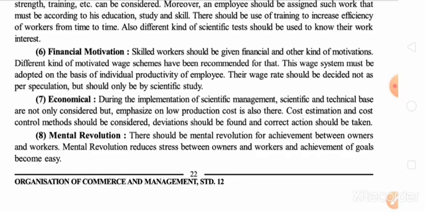It means when we are abandoning the old method and implementing the new method, only the scientific and technical base is not the point of concern, but emphasis should also be on low production cost. It means the production cost should also reduce. And if we are unable to reduce this production cost, then there will be heavy loss which will be borne by the organization itself. Cost estimation and cost control methods should be considered.